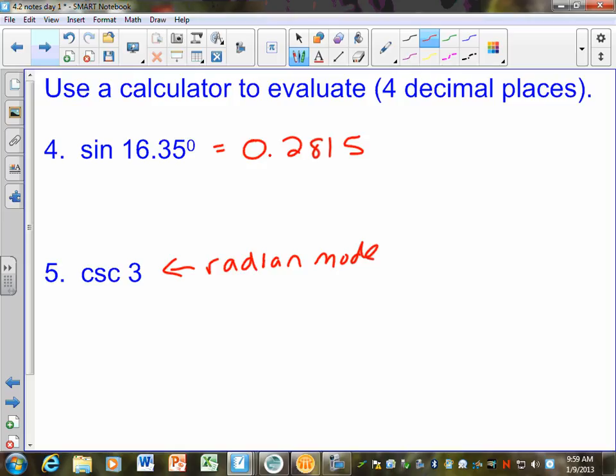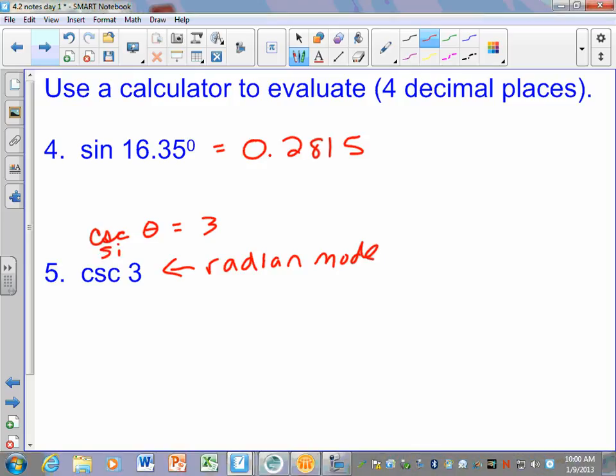But that's if it was an angle. Like if it said cosecant of theta equals 3, you could just flip it over and say that means sine of theta equals 1/3. Do you agree with me on that? But that's not what this is saying. This is telling you what the angle measure is, so you can't just flip it over, but it's kind of the same idea.